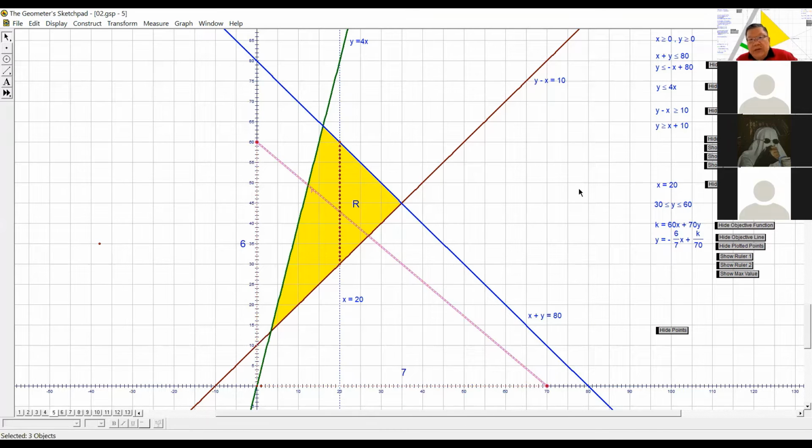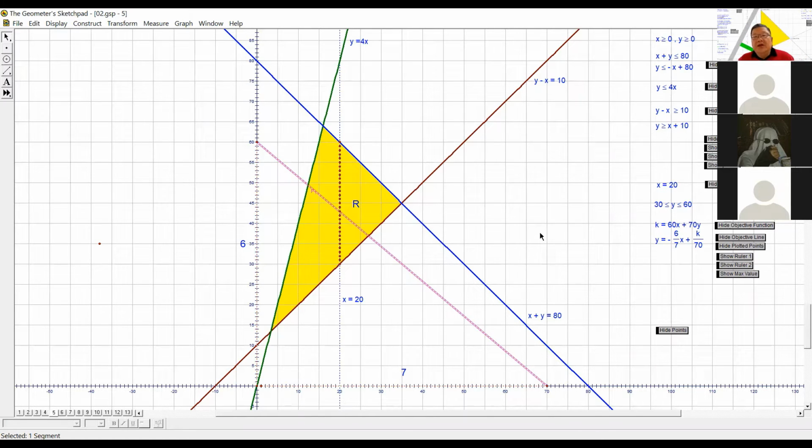And this produces what we call the objective function, right? Now I want to maximize or minimize this objective function. How to do it?